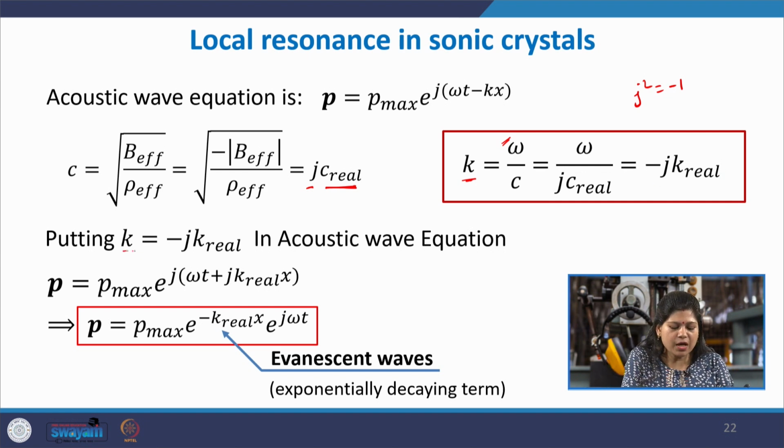If you put this now in the acoustic wave equation, you get P max e to the power plus j into j, which is j square, so minus k real x, into e to the power j omega t. What you get is the solution not of a propagating wave. This wave is not propagating spatially, it is decaying spatially.